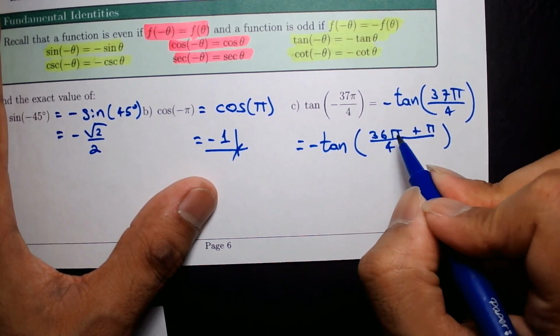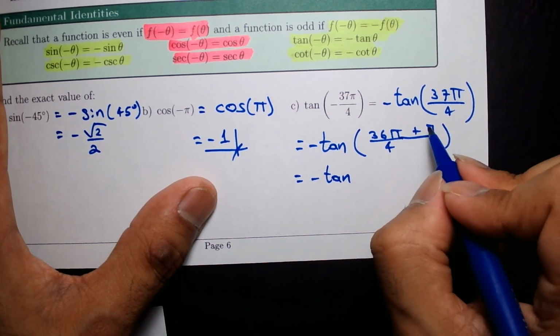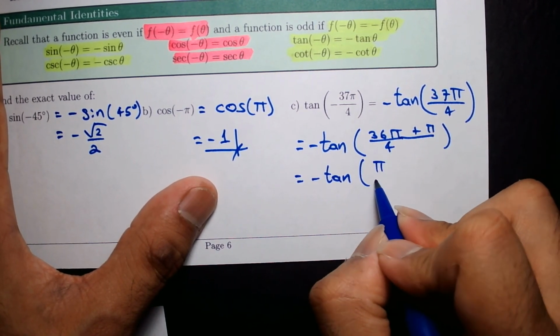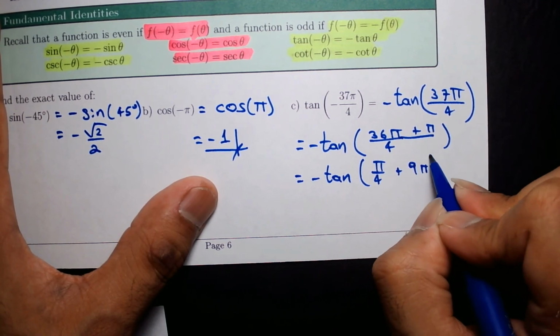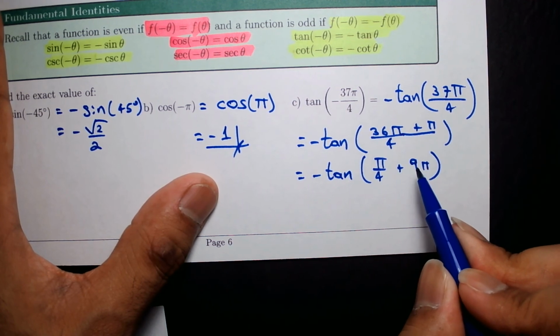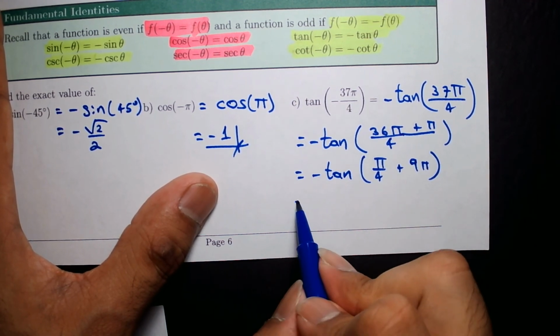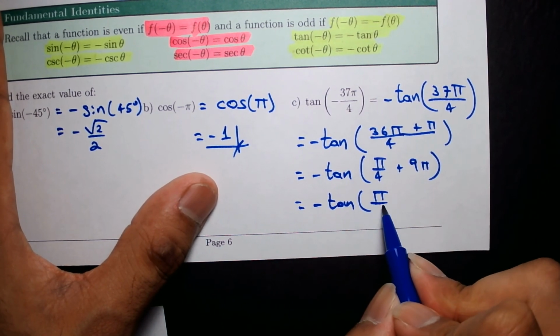Negative tangent of, I'm going to do the pi over 4 first, and then 36 over 4, that's a 9 pi. Again, this can be treated as n pi, in this case n is 9. This is simply negative tangent of pi over 4.